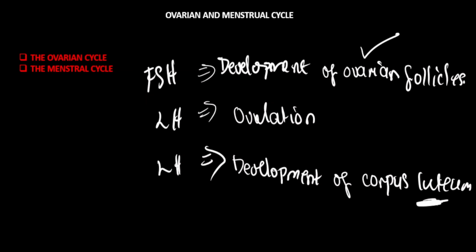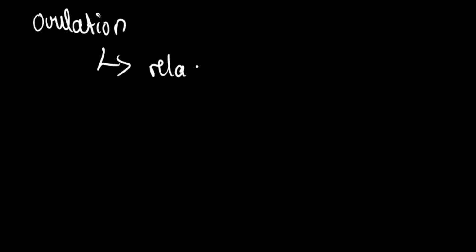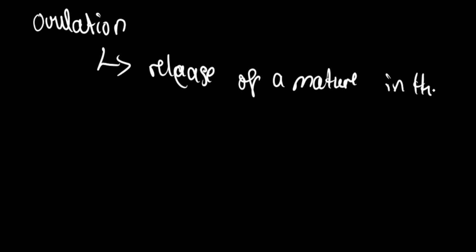Now, ovulation, very simply put, is the release of a mature ovum into the uterine tube.